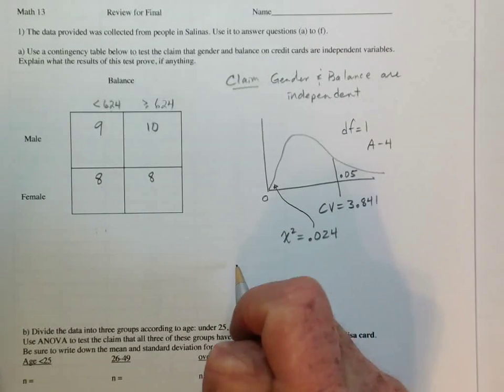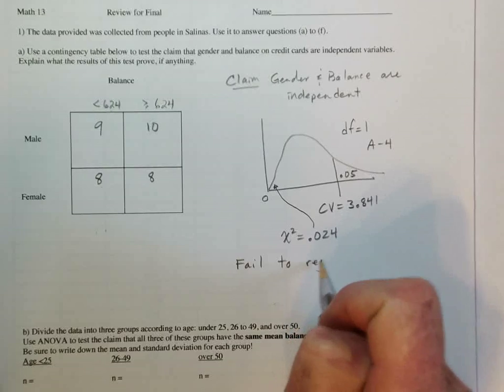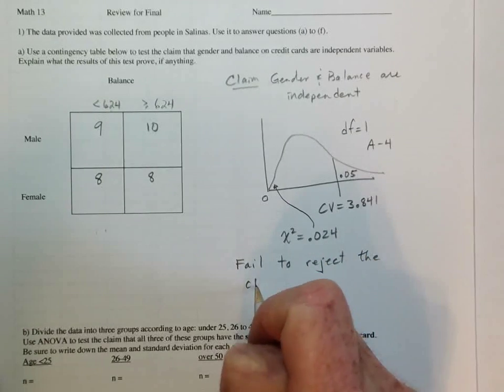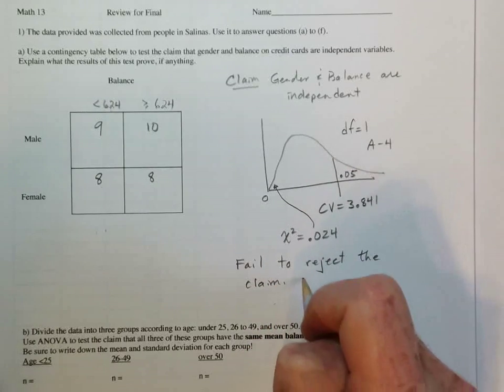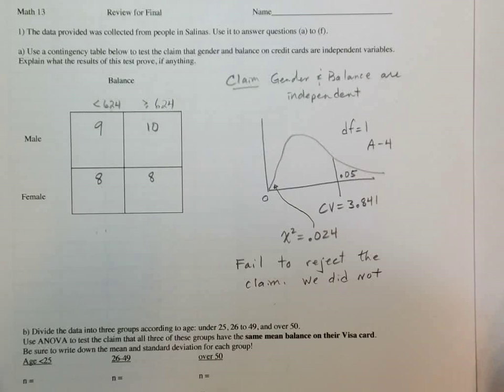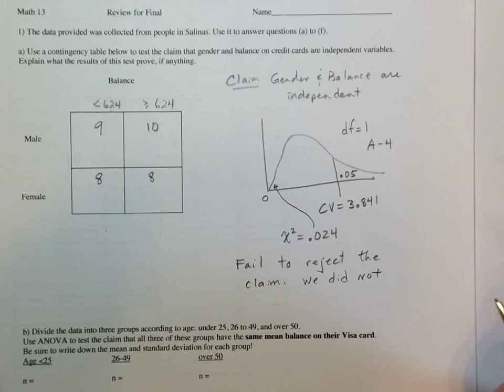Now, officially, we would say fail to reject the claim, or in other words, we did not prove anything here. What it's really saying is we did not find a difference between someone's gender and their balance.